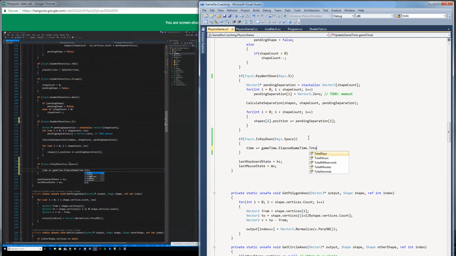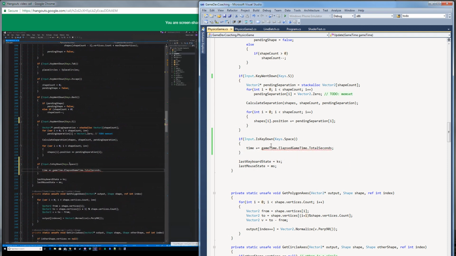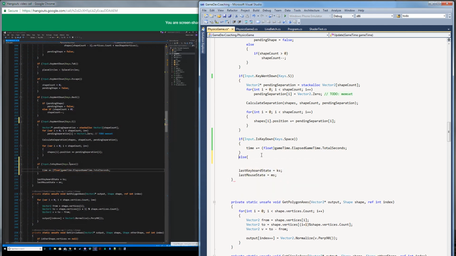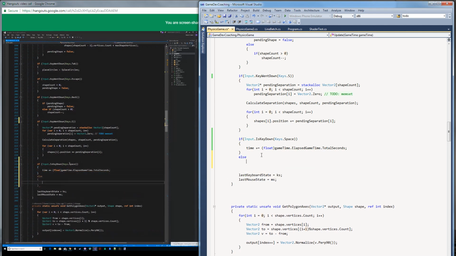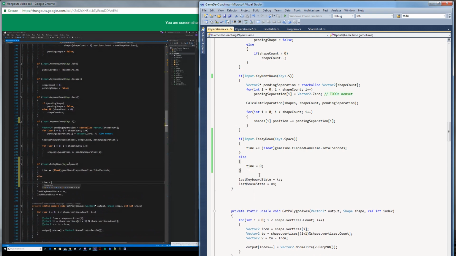Yeah, I knew it was wrong the second I wrote that. Total seconds, and I'll just cast it to float for now. And if you're not holding down space, else, because we want to reset, time equals 0. So now we have a concept of time.